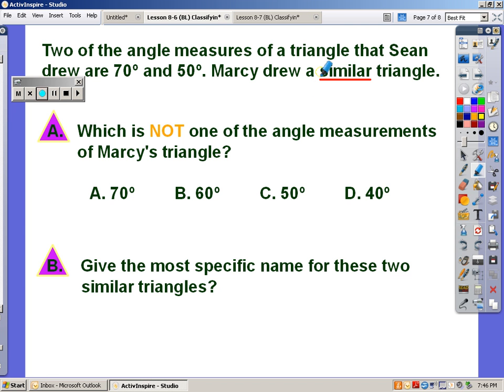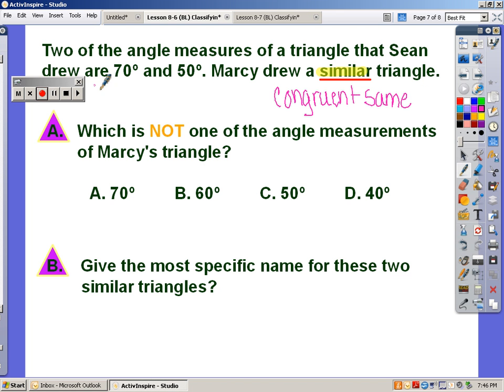Well, I have to remember what similar means. Similar means that my sides are proportional and my angles are congruent. What does congruent mean? It means they're the same. So all I have to do is figure out which measurements would be the same.